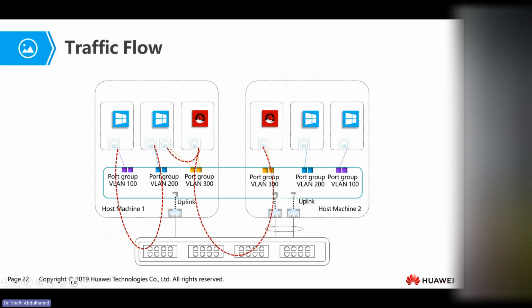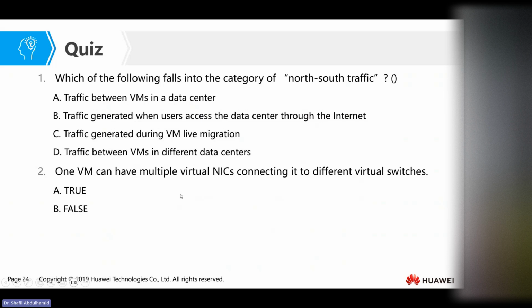So actually, one virtual machine can have multiple virtual links connecting it to different virtual switches. Yeah, that's true.